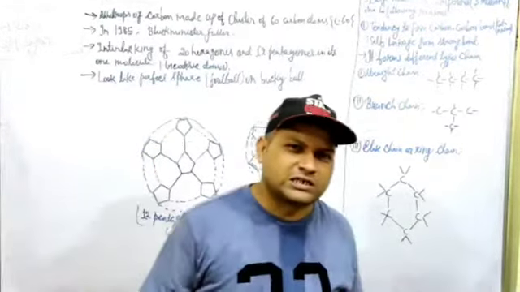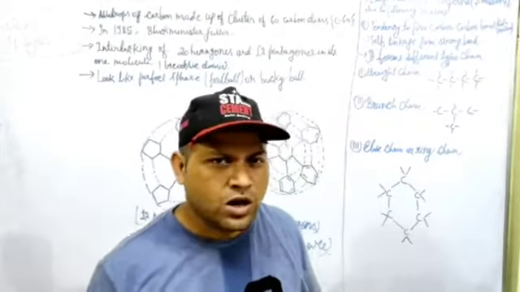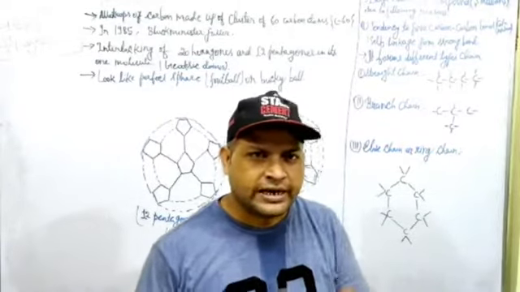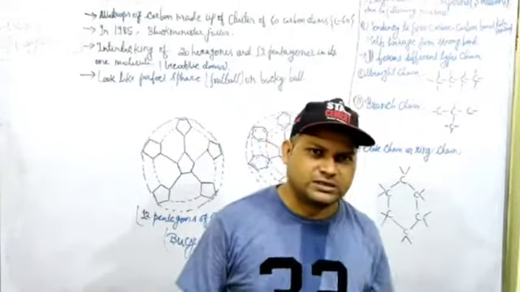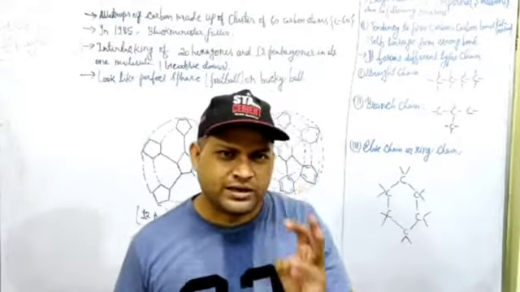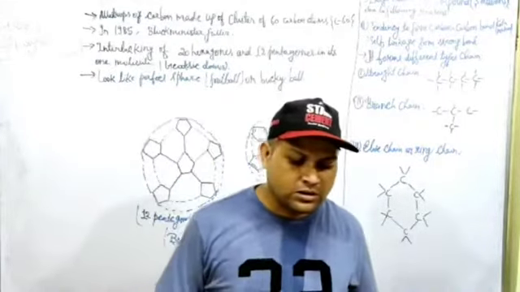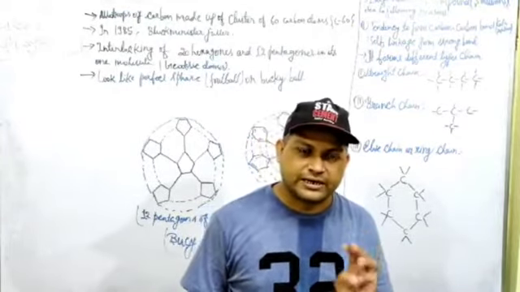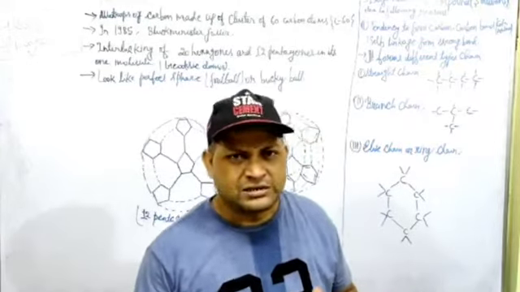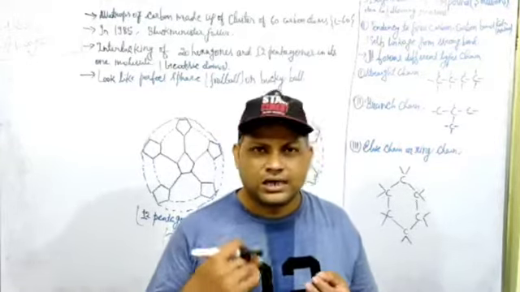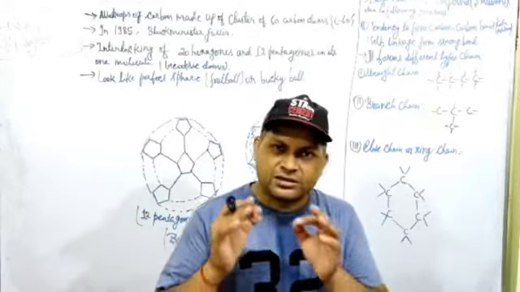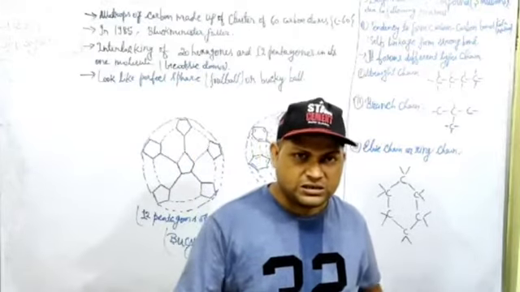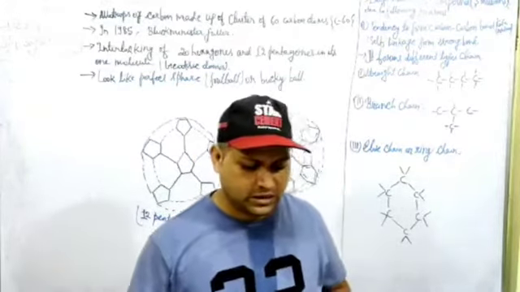once again, please try to understand what I have asked you: why do carbon atoms form large numbers of compounds? It is due to the following reasons. Carbon shows the property of catenation. It has the tendency to form carbon-carbon bonds, which is called catenation, and it has the tendency to make chains. There are three types of chain: straight chain, branched chain, and closed chain.